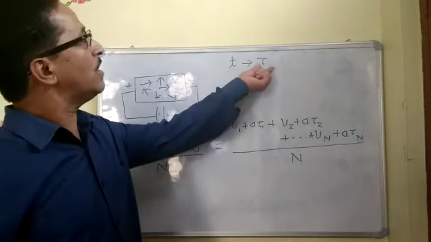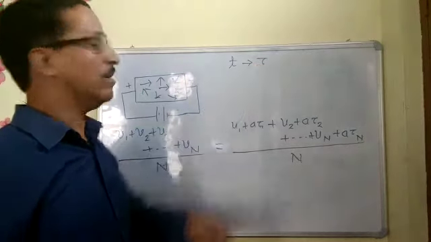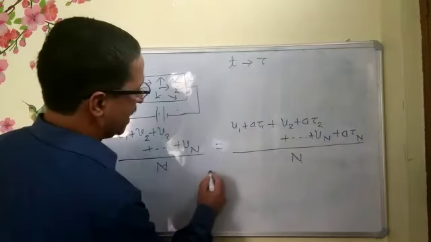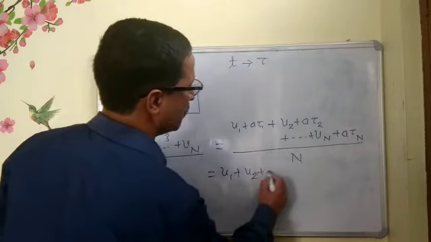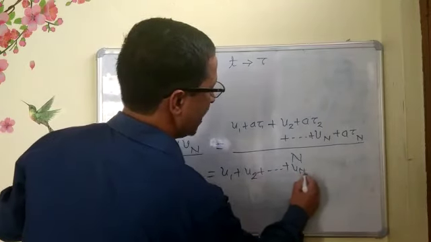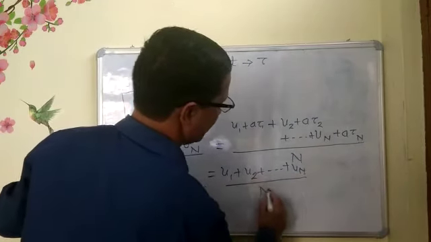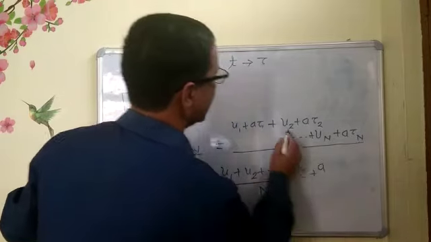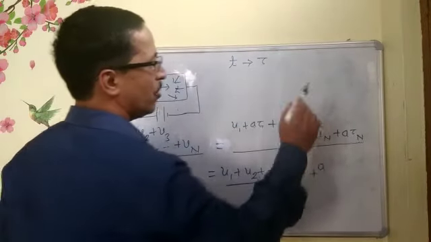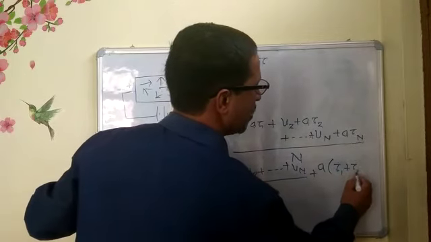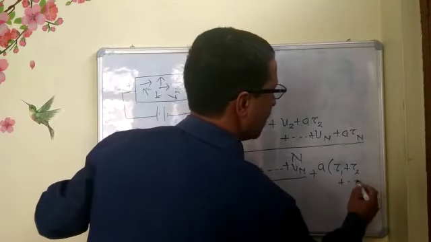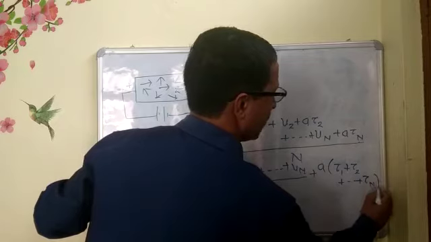So we will call relaxation time tau. When we separate them, we get (u1 + u2 + ... + un) divided by n plus a taken common because a is the same for every electron, a into (tau1 + tau2 + ... + taun) upon n.